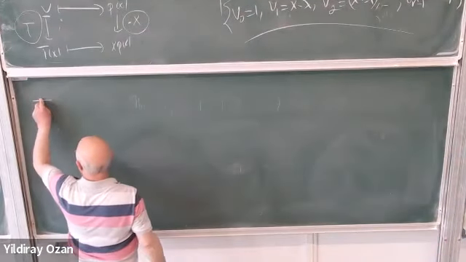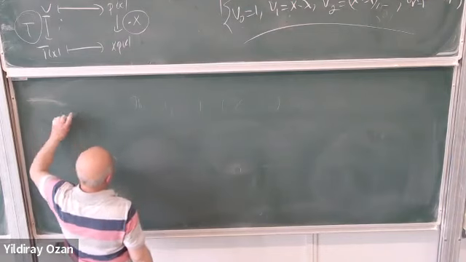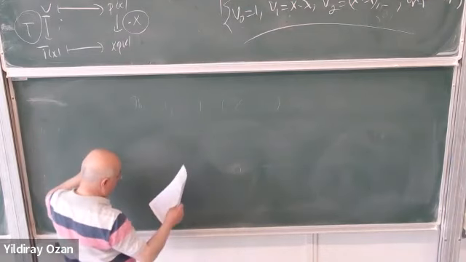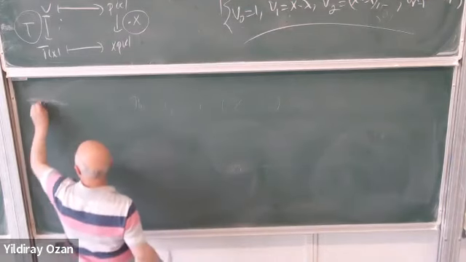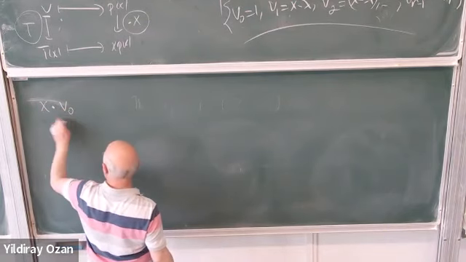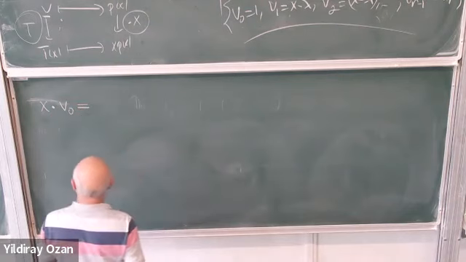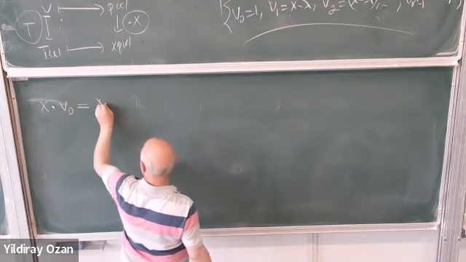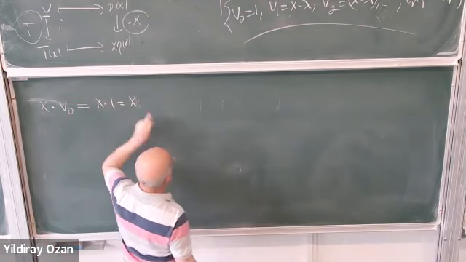So T applied to the first basis element. The action of T is given by multiplication by x. v0 is just 1, so this is just x.